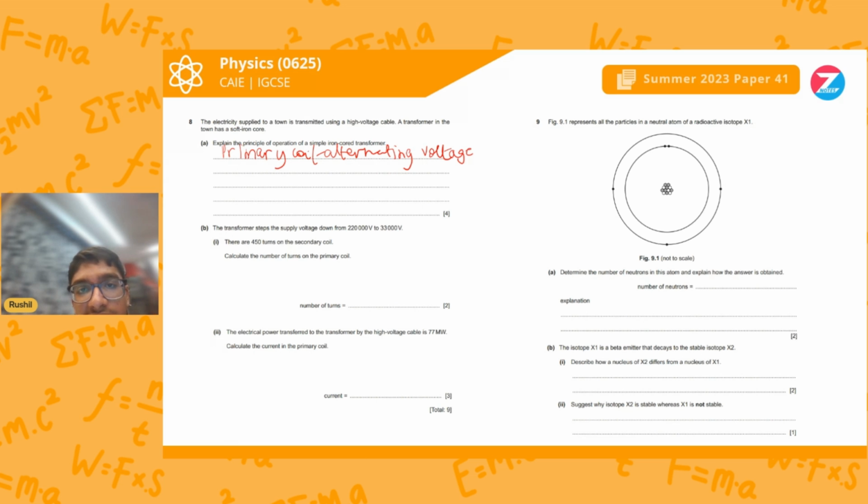Since we have alternating current here and an alternating magnetic field is produced, there's a constant change in magnetic field, which induces a current. So this magnetic field produced by the primary coil is transported by the iron core to the secondary coil.